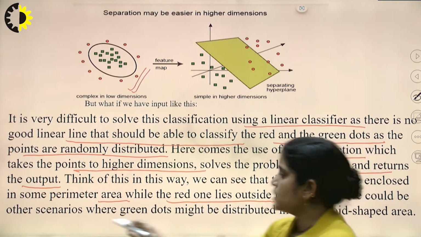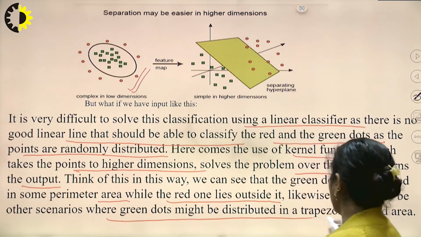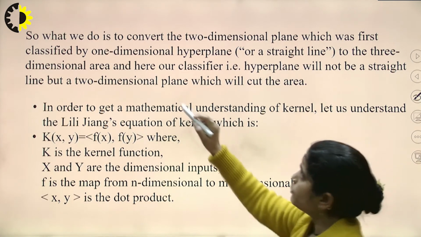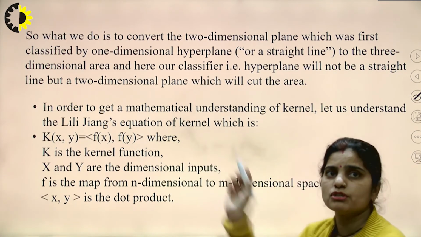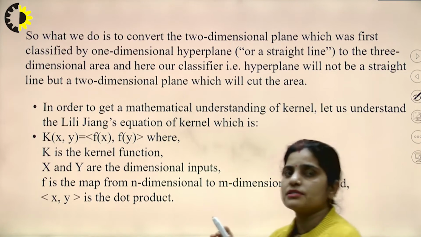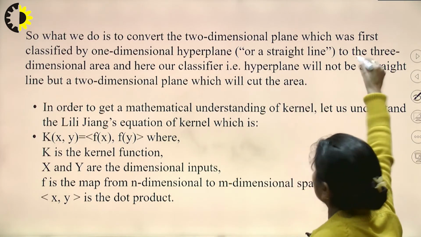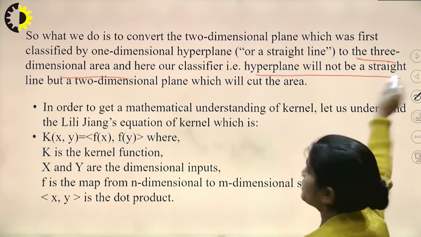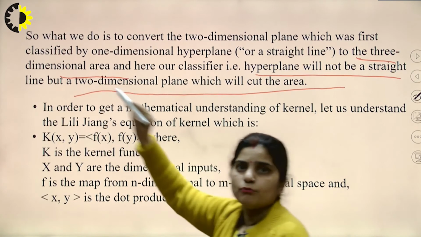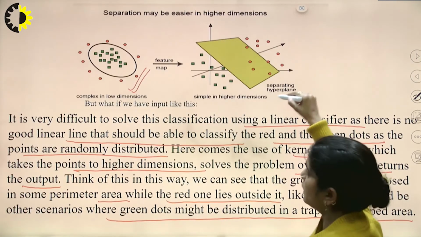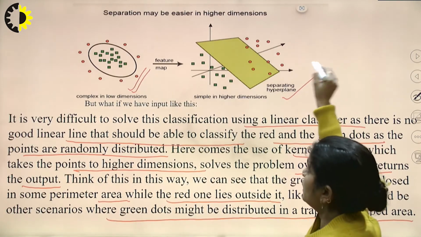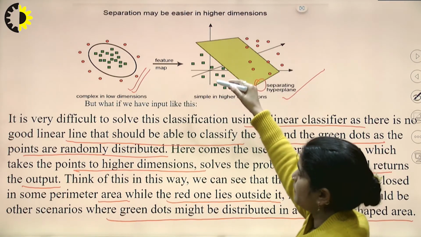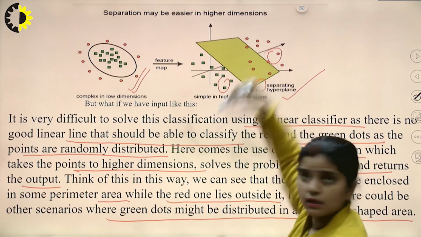Likewise, there could be other scenarios where green dots might be distributed in a trapezoidal shaped area. So what we do here, we have to convert that two-dimensional plane, which was first classified by a one-dimensional hyperplane, to a three-dimensional space. And here our classifier, that is the hyperplane, will not be a straight line but a 2D plane which will cut the area, as we can see in this diagram. Here we can see that the 2D cut hyperplane can easily separate the green dots from the red dots.